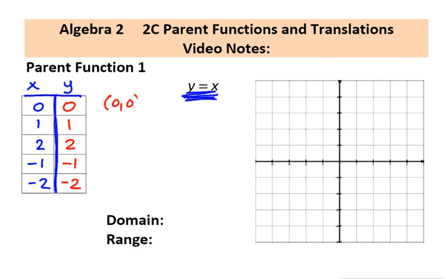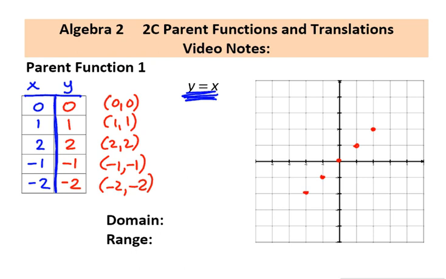This is (0, 0), (1, 1), (2, 2), (-1, -1), and (-2, -2). And I can plot these points.